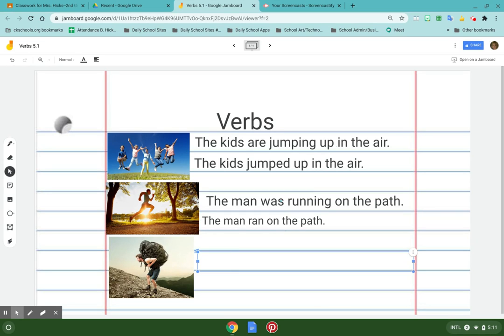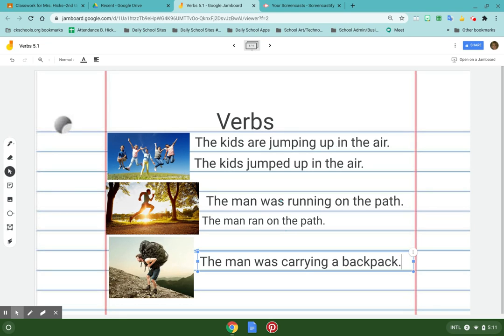All right. Now this one, he's carrying something. So I'm going to say the man was carrying a backpack. And did you see that rule? The Y, add the ing. Did you see how run has a short vowel? So I had to double the N and add the ing.